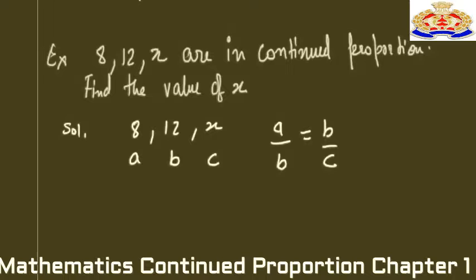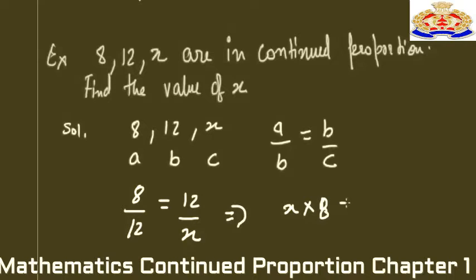So here what can we write from this? That is 8 upon 12 is equal to 12 upon x. Now simply by cross multiplying, as we used to solve the questions of proportion, in the same way we can solve this question. This implies that x into 8 is equal to 12 into 12.